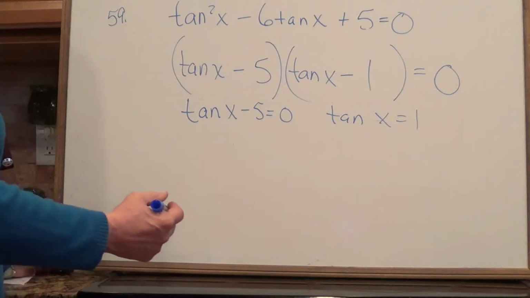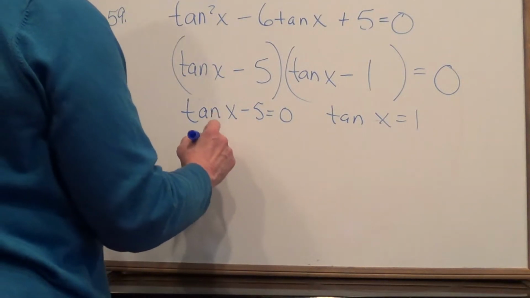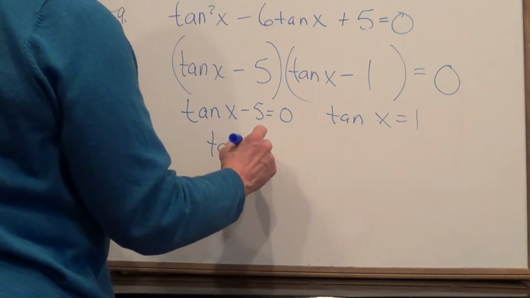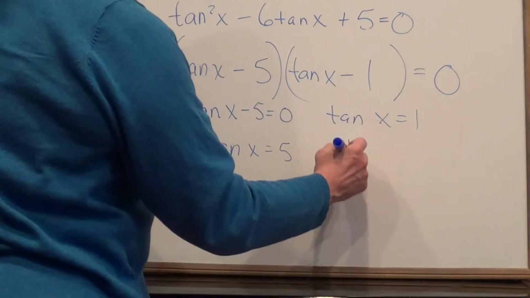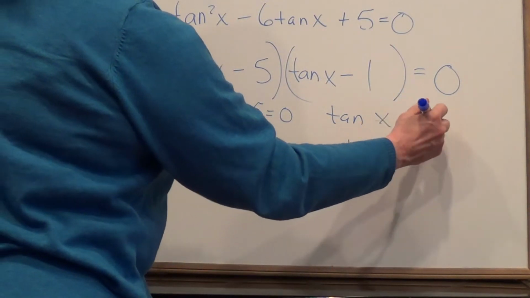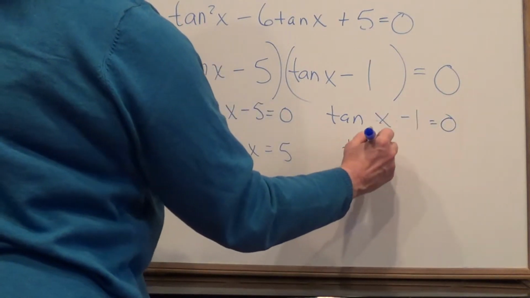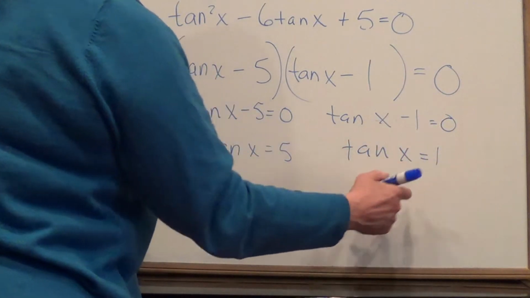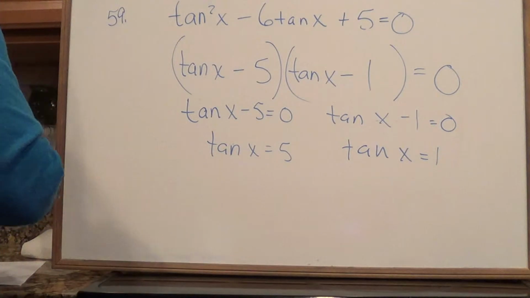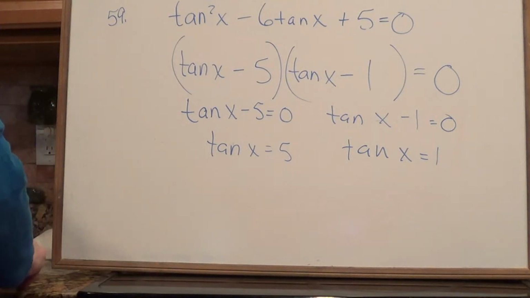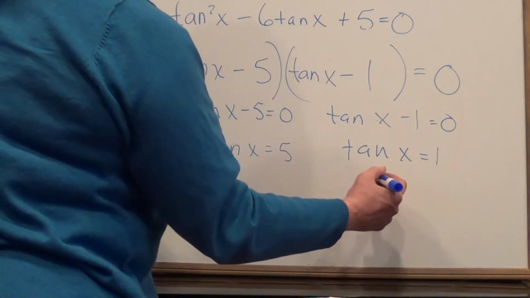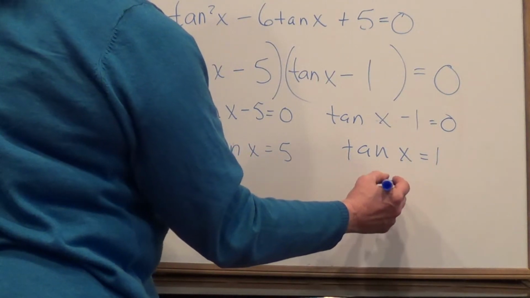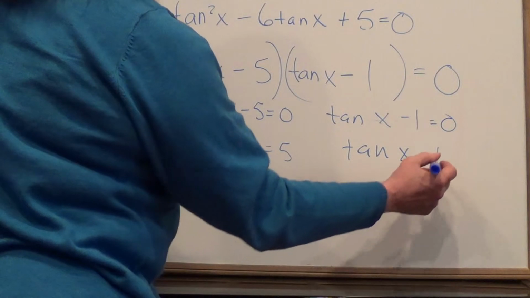So tangent x minus 5 becomes tangent x equals 5, and tangent x minus 1 becomes tangent x equals 1. Let's start here. It looks safer. So when we solve that one, where on the unit circle is the second coordinate divided by the first equal to 1?